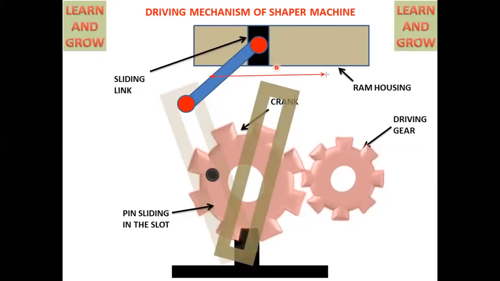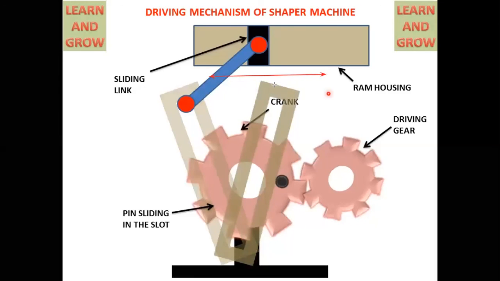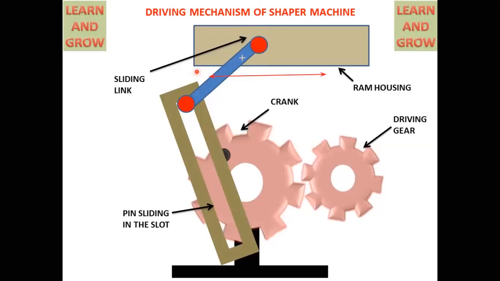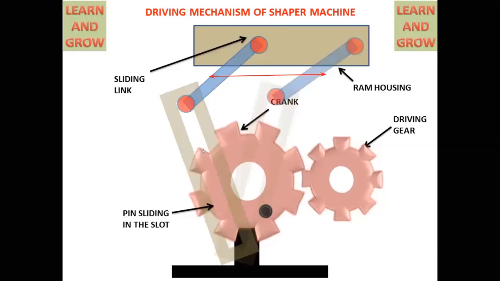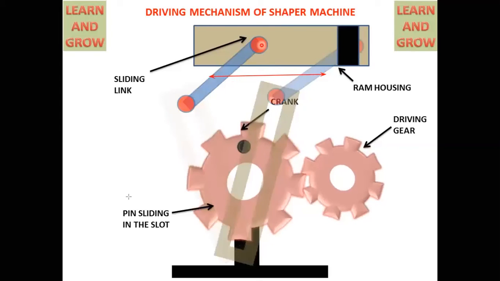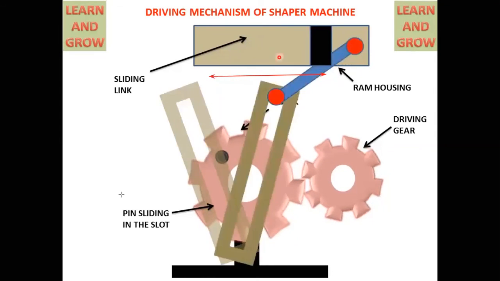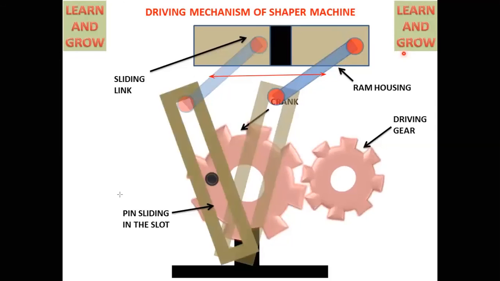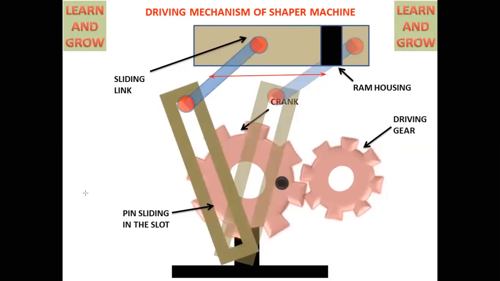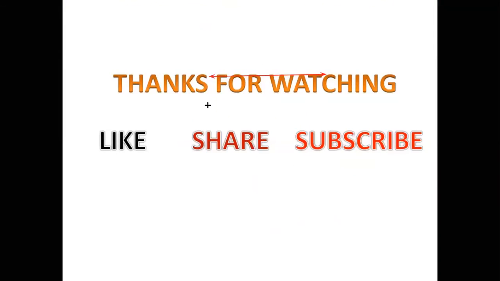The motion will move like this, to and fro, to and fro, to and fro. So the driving gear is a small gear.